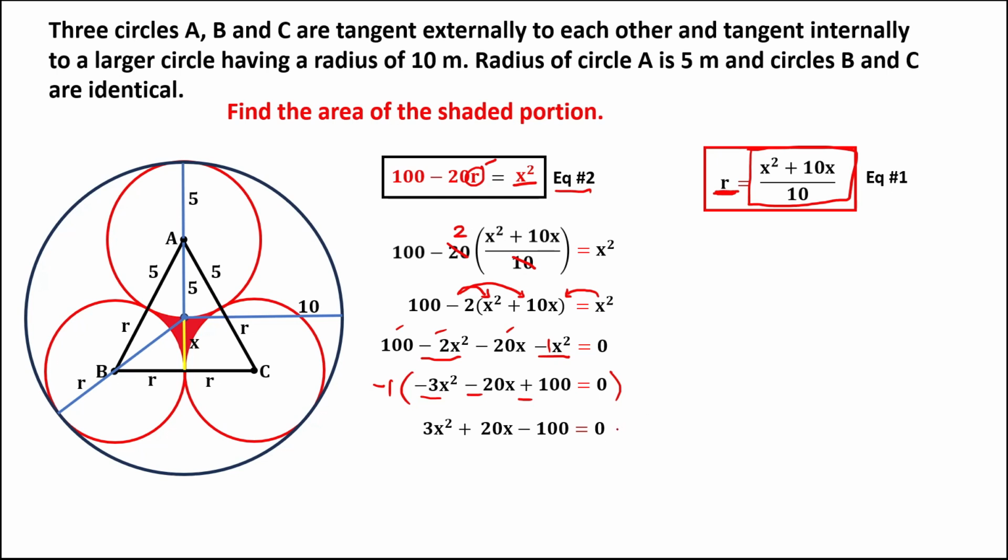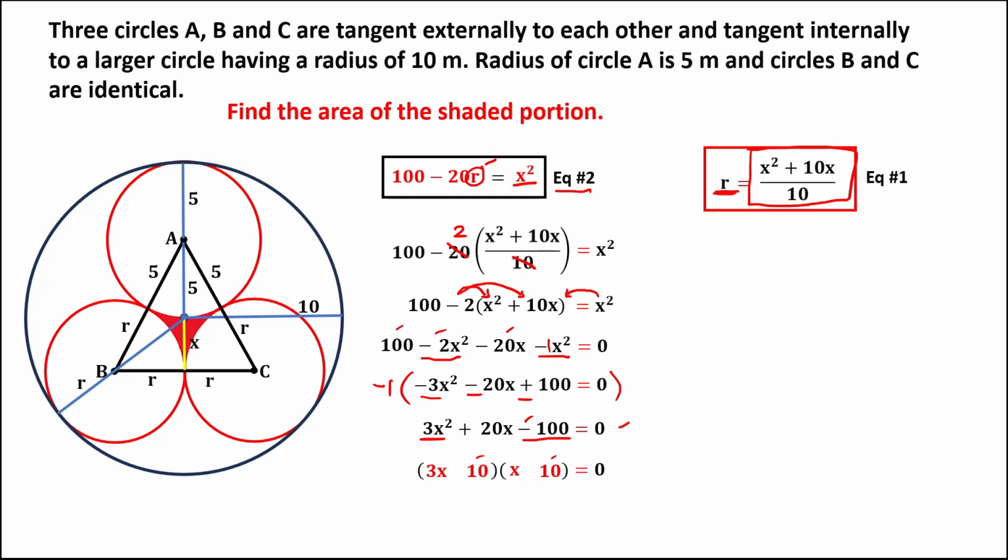Then since this one is a quadratic equation, we can solve this quadratic equation using quadratic factoring. For the factors of 3x squared, this is equal to 3x times x. And for the factors of this negative 100, that's 10 times 10. But since this one is negative, one of these factors is negative and one is positive.